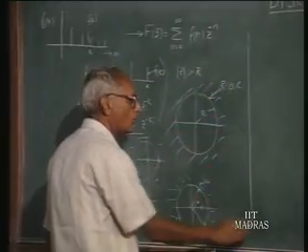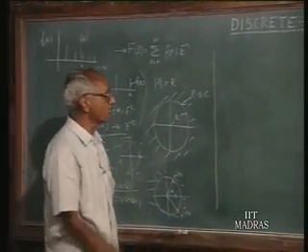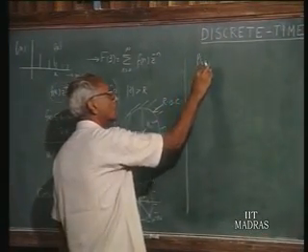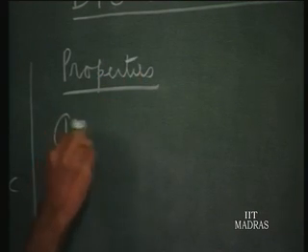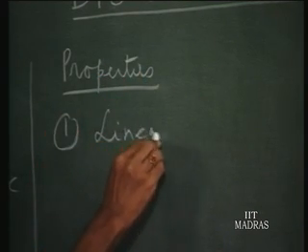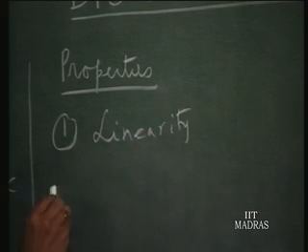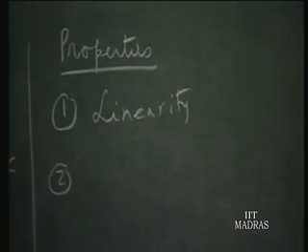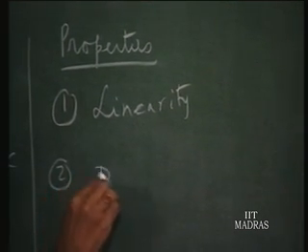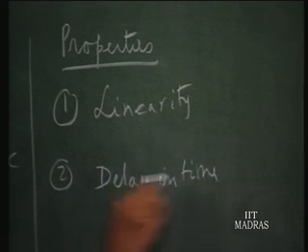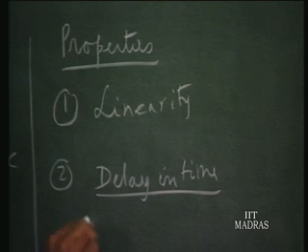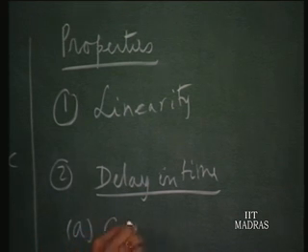Now we were also discussing the properties of the Z transforms, and we mentioned the first property is the linearity, which we already discussed. The second property we mentioned was delay in time. So let us take first of all a causal signal.